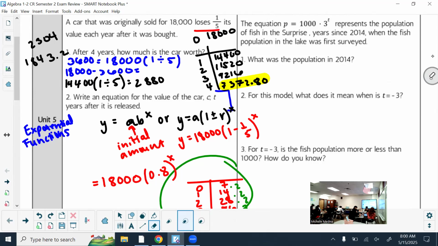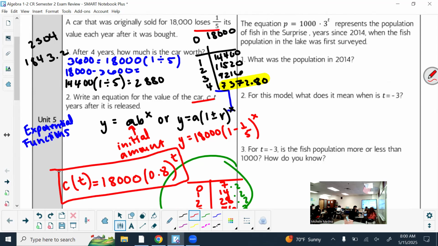It looks like they want us to use t though for years. I mean, x is always time in exponential functions. In this case, it's time in years. And they did say they want a value of the card C for 2 years after it's been released. I would put C of t here.